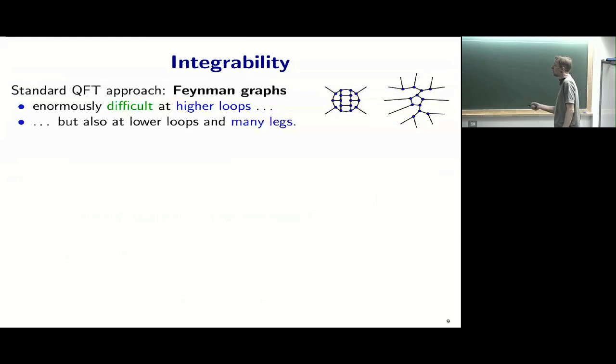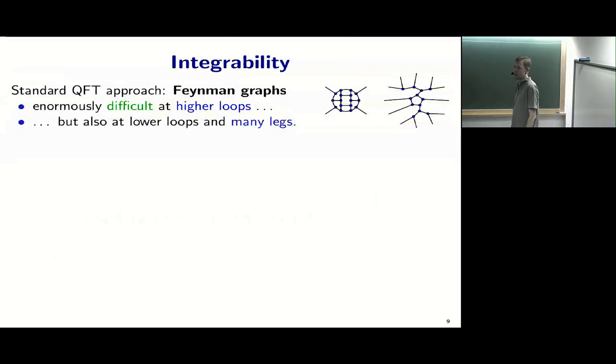That has to do with the fact that when you have many legs, there's much external data, and the function that this represents will be a function of all this external data, and as such, it's very hard to write something down, so it becomes a very difficult problem.